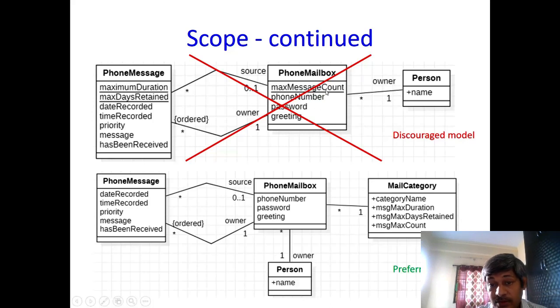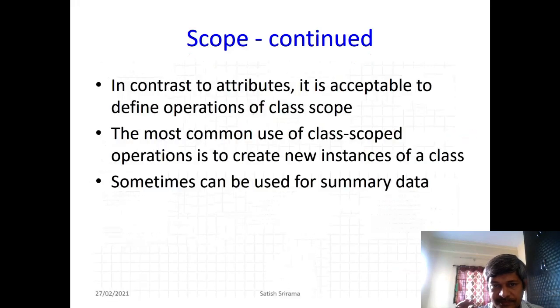So, scope for the attributes: when it is ideal to use and when it is not. That's clear. In contrast to attributes, it is acceptable to define operations of class scope. The most common use of class scope operations is to create new instances of a class. For example, you can have a constructor.